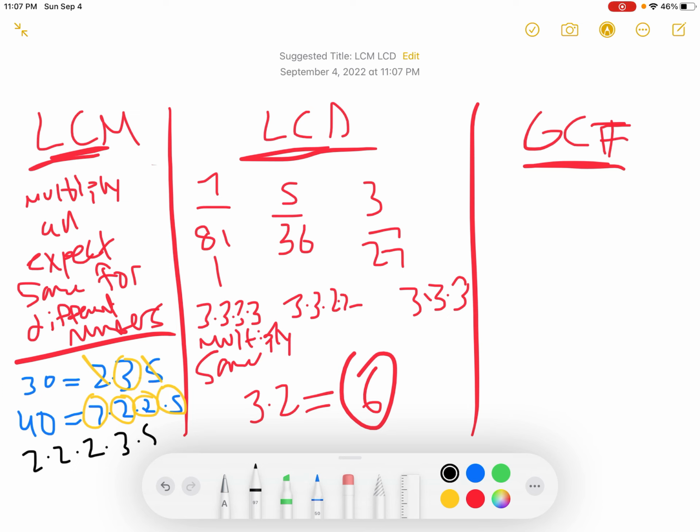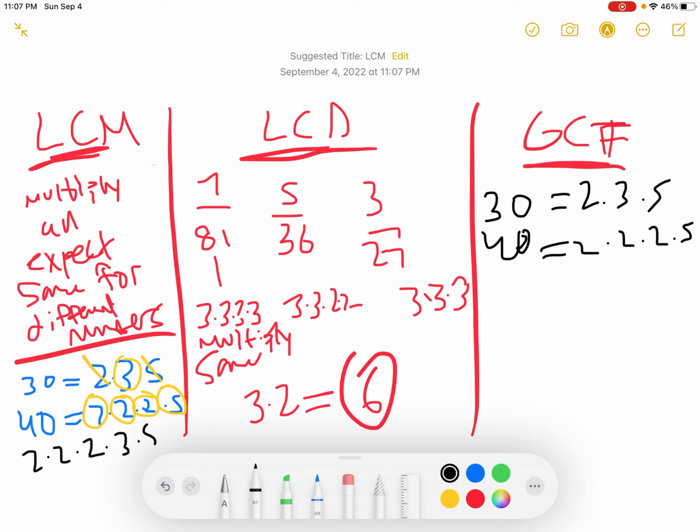Greatest common factor, let's just use the same example. For this one, you need to multiply just the same.